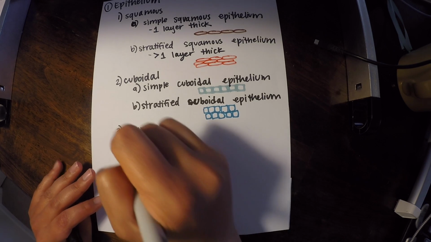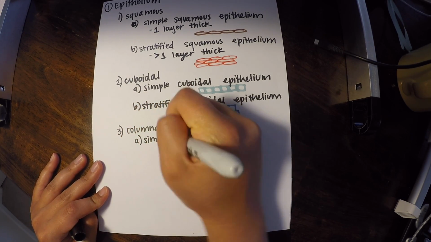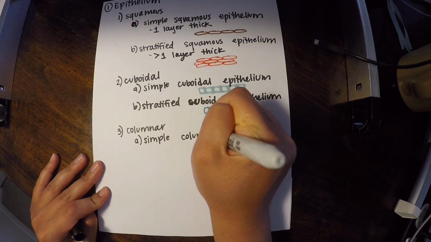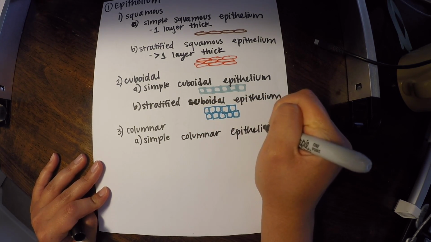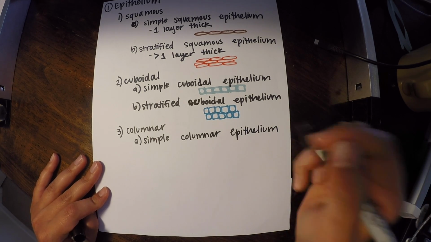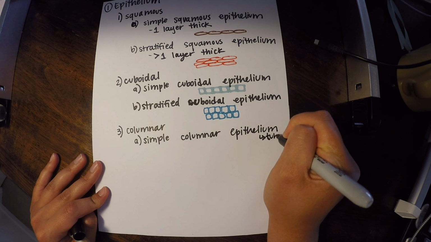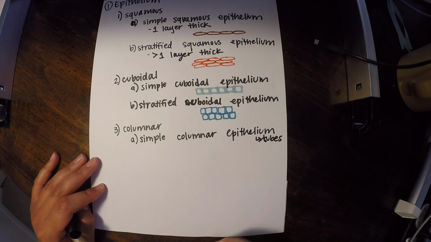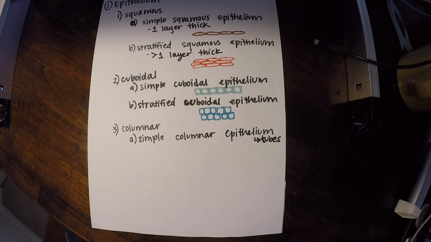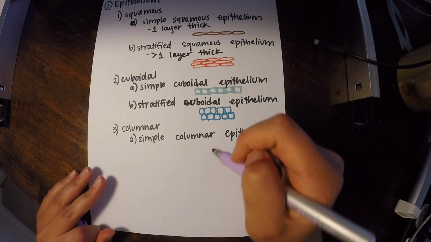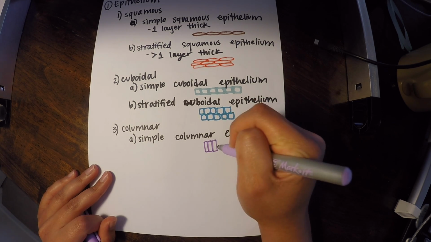So you guessed it, we have simple columnar epithelium, which tends to line tubes. Remember, epithelium is always a lining, and it just happens to line the tubes. Your simple columnar epithelium is going to look like little columns like this.